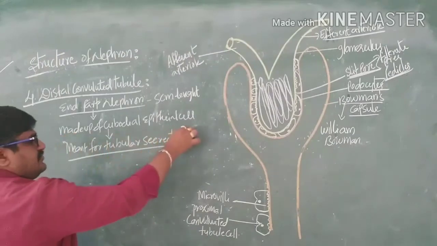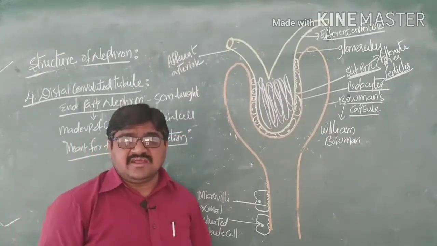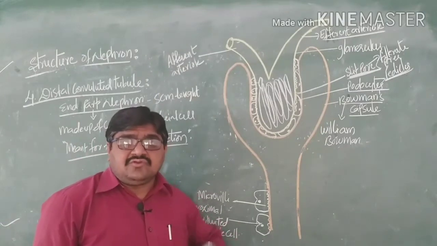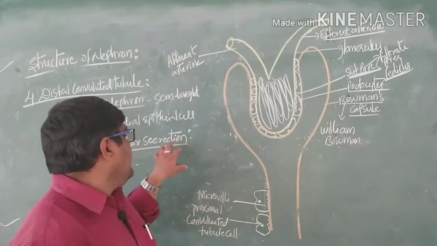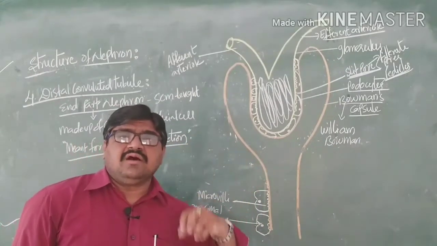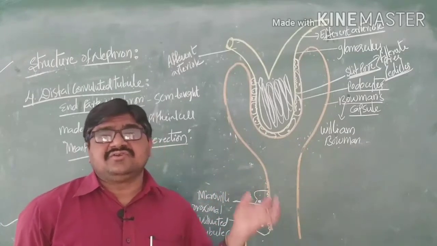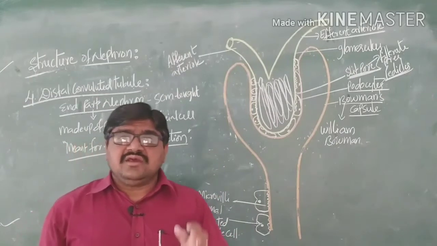Tubular secretion means the waste materials that come from the peritubular capillaries are secreted into the distal convoluted tubule. That part then enters the collecting duct, and from the collecting duct it passes to the urinary bladder.